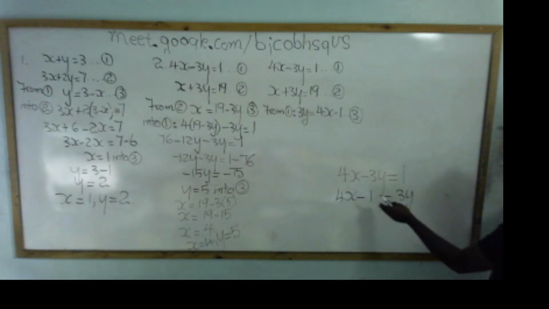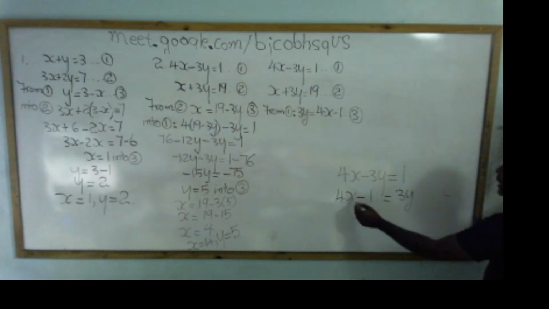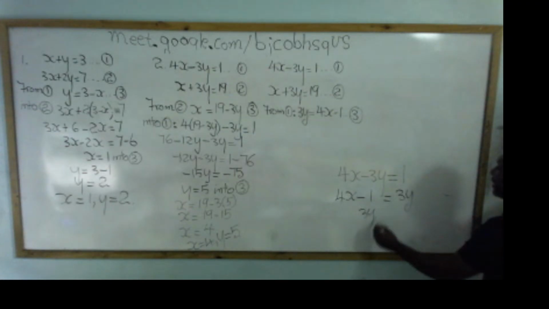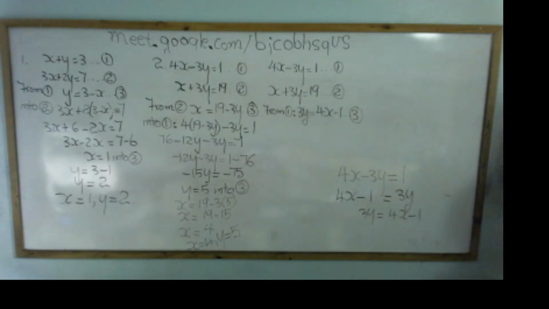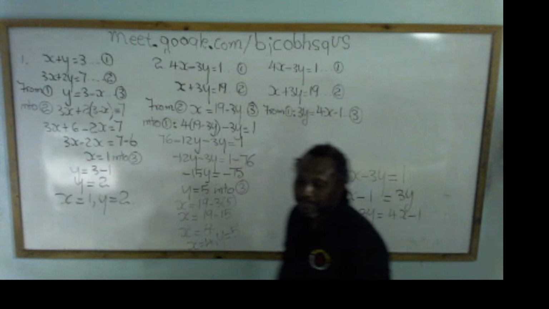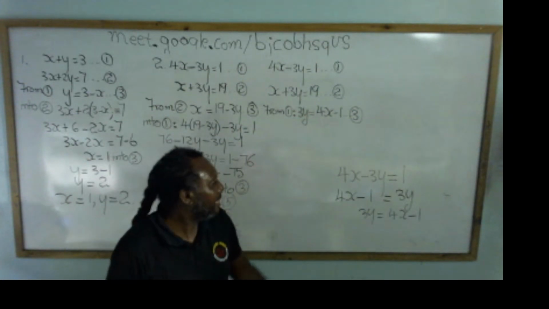That is what we have. Then this switch is easy, because 4x minus 1 is equal to 3y. So 3y is equal to 4x minus 1, and not 1 minus 4x, because if it is 1 minus 4x, it would be negative 3y.